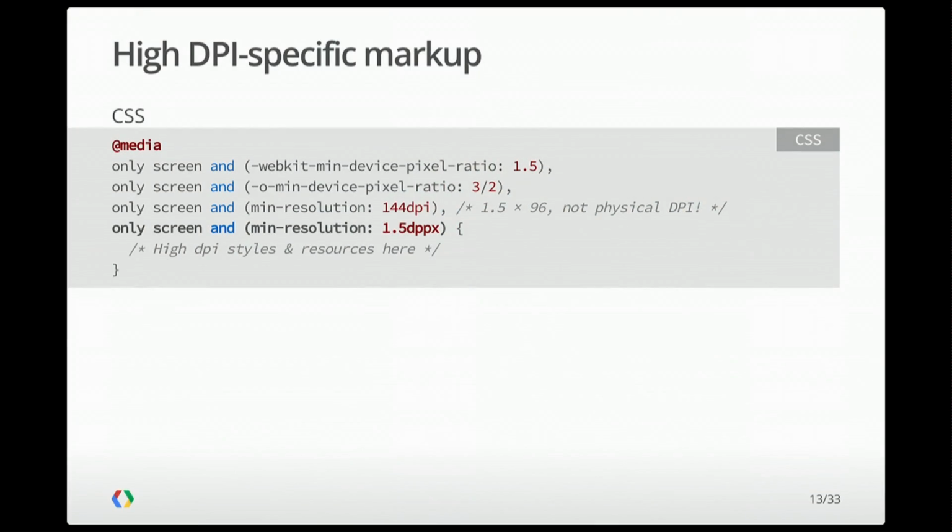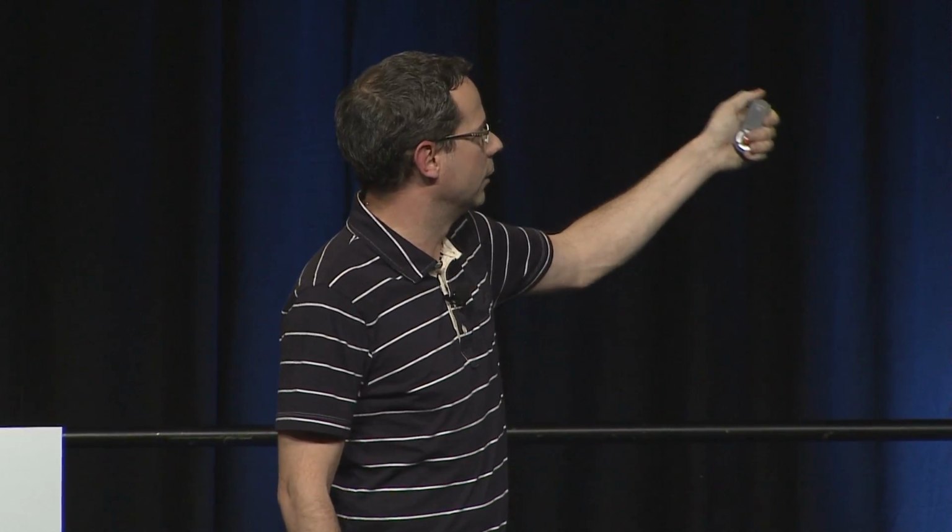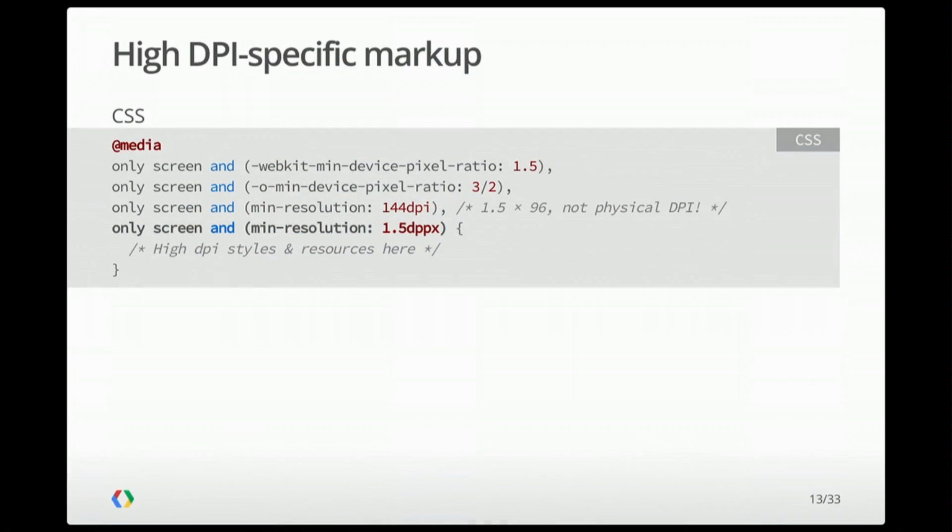The CSS spec says it should be 96 for a 1x device. So we want this to work on a 1.5x device, so we take that 96, multiply it by 1.5. That's where the 144 is coming from. So if we wanted it to be a 2x device, we'd need to do just 96 times 2. All right? So that's going to work great for displaying background images and stuff in our markup.